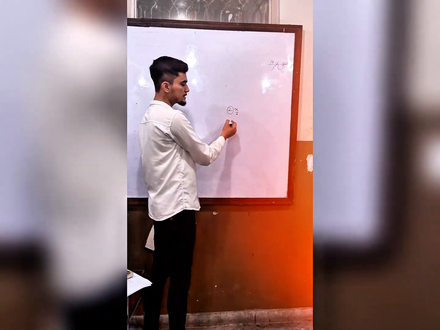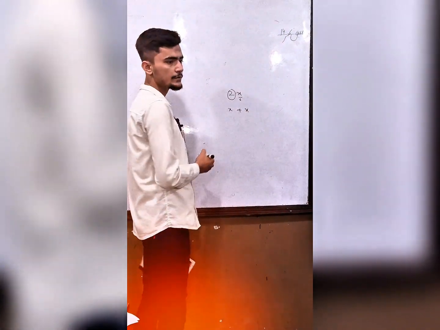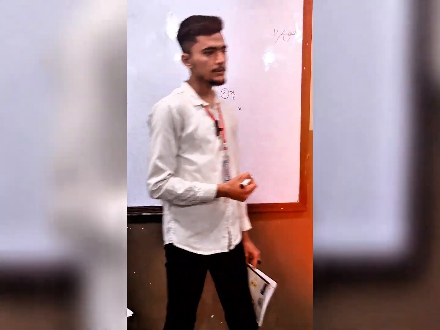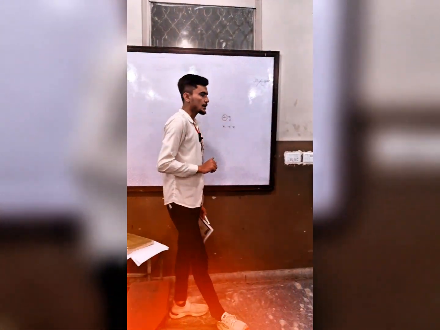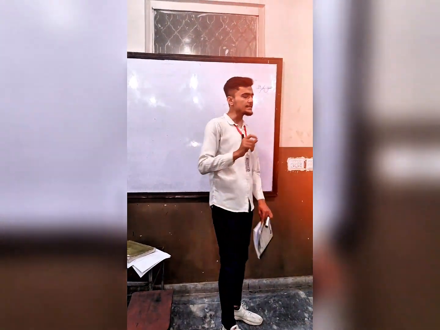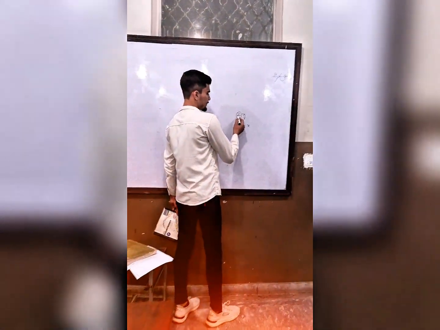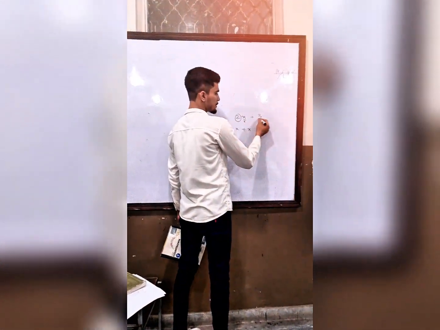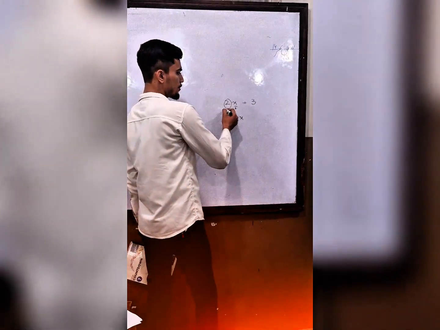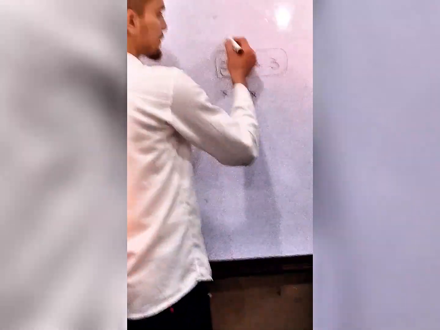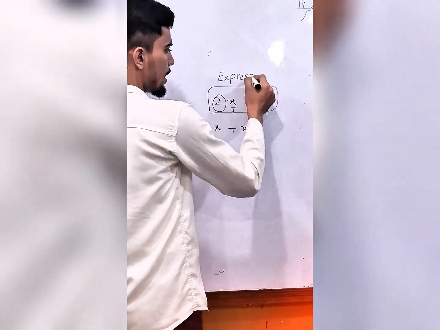So 2x means x came 2 times. Got it? When these terms, coefficient, variable or any constant like 3, come together, this form is called an expression.